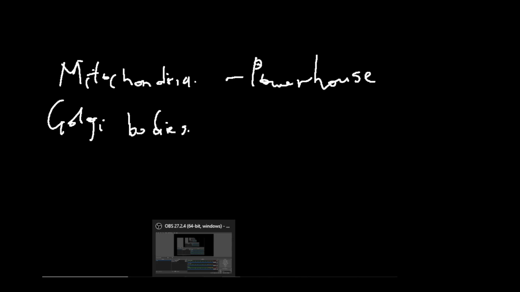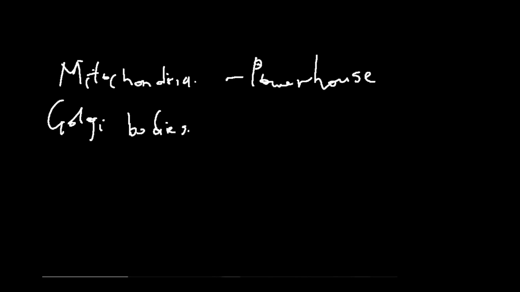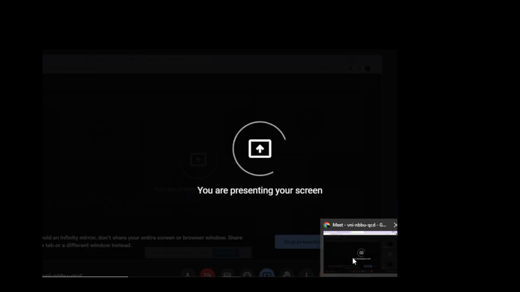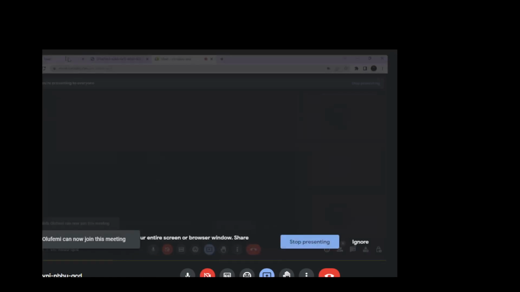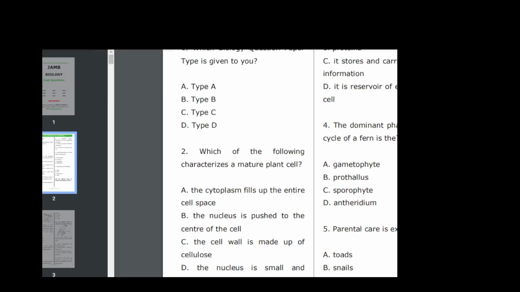What the question is saying is, which of the following characterizes a mature plant cell? Now, we have options here. The first option says the cytoplasm fills up the entire cell space.